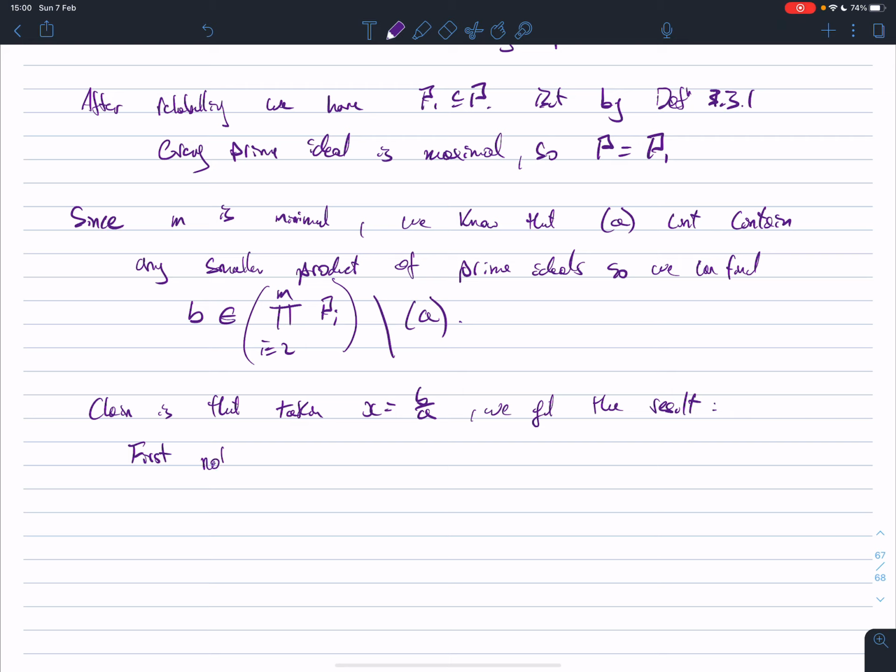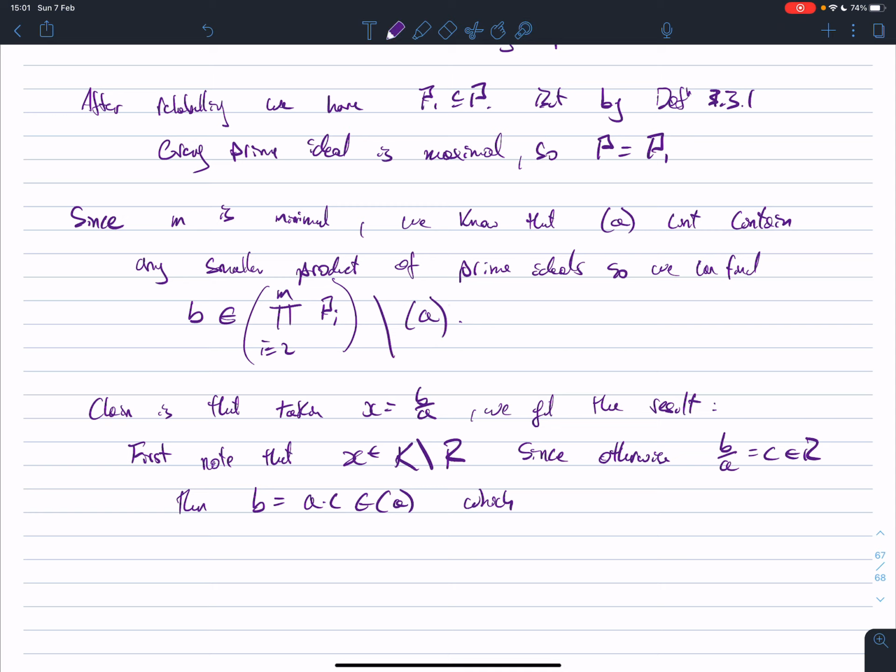First, note that x is in K and not in R, since otherwise we have b over a equals c, some element in R, then b would be a times c, which is contained in the ideal A. But I took a b such that it wasn't in this ideal A. This contradicts our choice of b, so this can't happen.